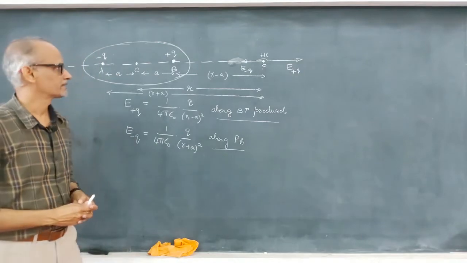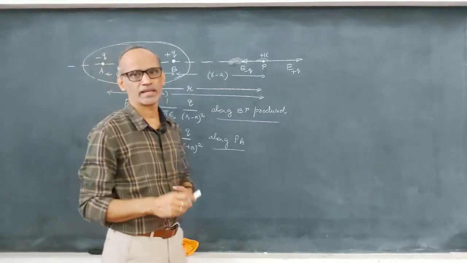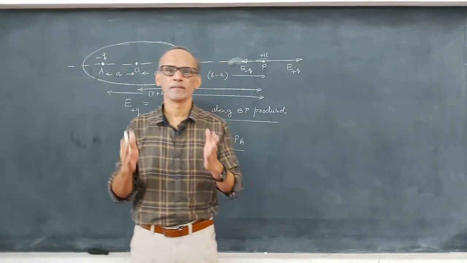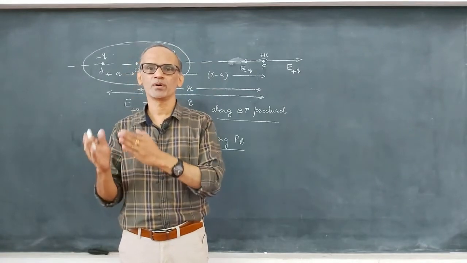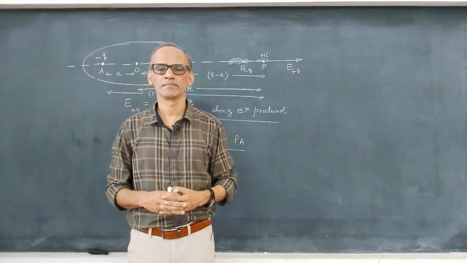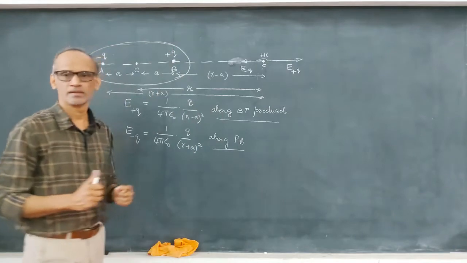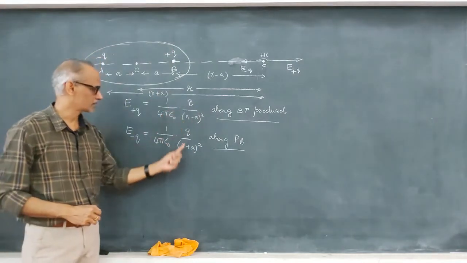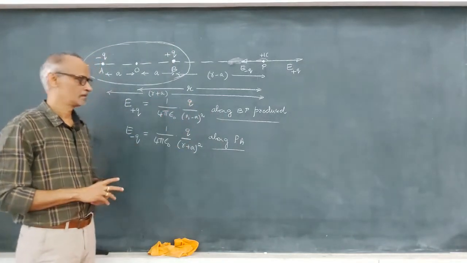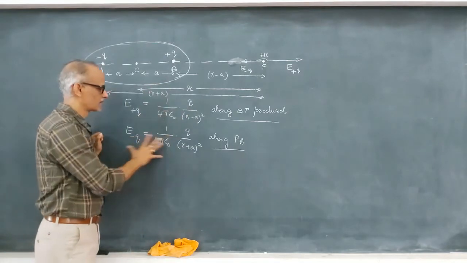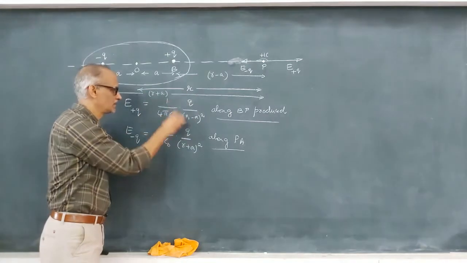So what is the resultant? Whenever two vectors P and Q make an angle of 180 degree, the resultant is P minus Q or Q minus P, whichever is greater. Now the point here is, which is greater out of this? Based on this, you can understand very easily, the charge is the same, this is the constant.